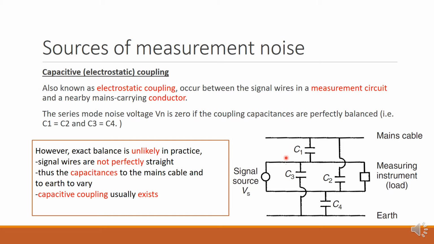Capacitive coupling, also known as electrostatic coupling, occurs between signal wires in a measurement circuit and a nearby current carrying conductor, the main cables.